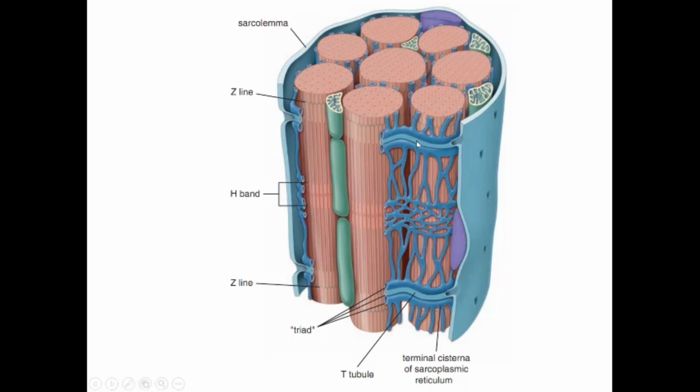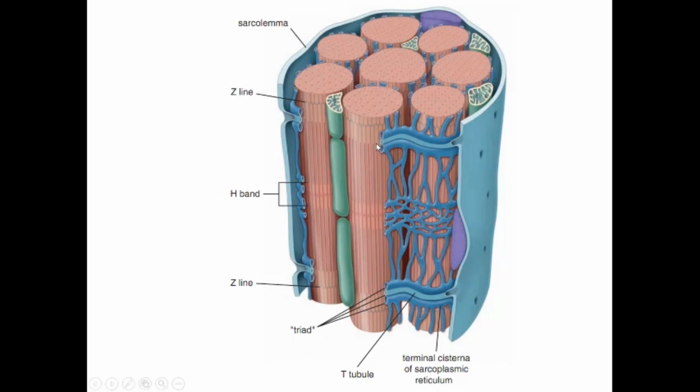The transverse tubules run between the myofibrils, or on the surface of myofibrils, at the boundary of the I band and A band. You can see here is the A band, this part is the I band.